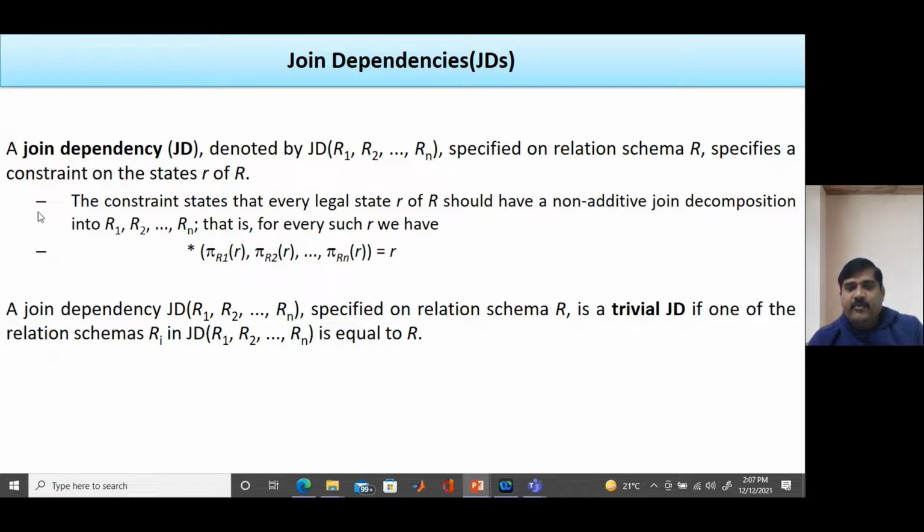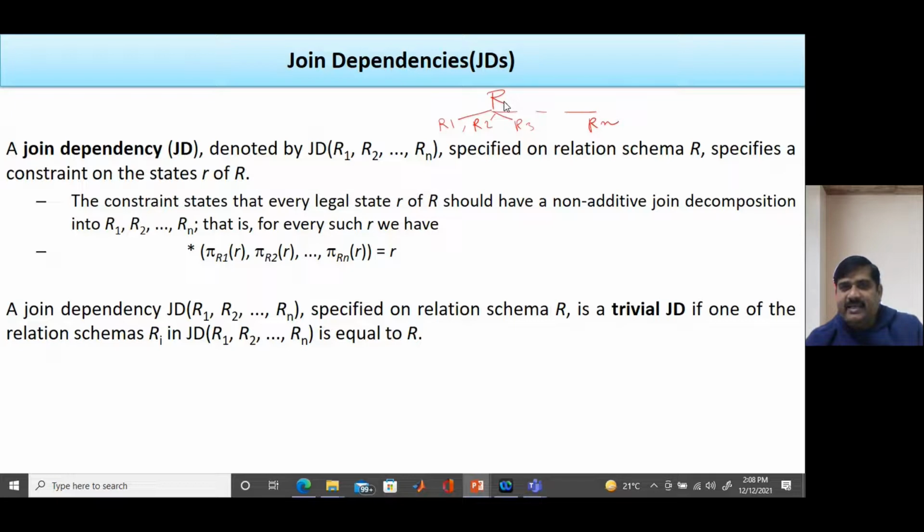Suppose we have a relation R, and we decompose R into n subschemas R1, R2, R3 and Rn through projection. And if we join all these subschemas, then we should get the original schema R.